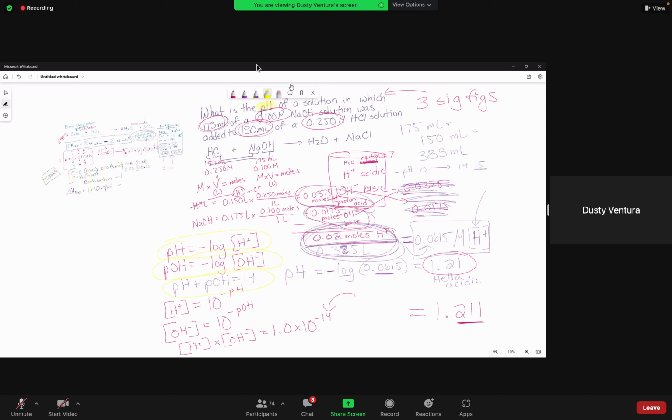Now we found in our case that we had an excess of H plus, so that means we need to use this top equation to find the pH. So it's just whatever is given in the problem and what the problem is asking for.